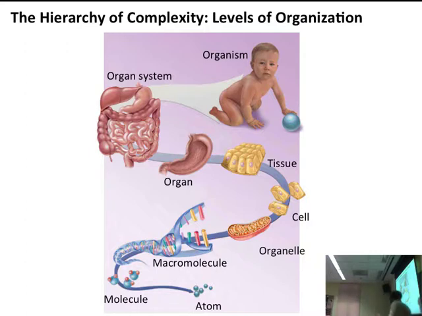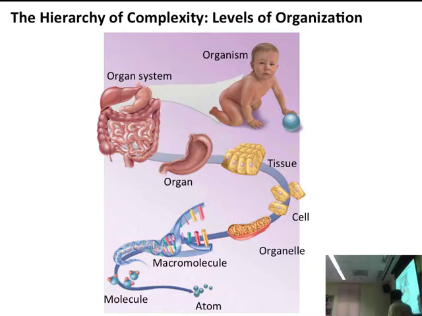So all of this is made of atoms. These form molecules. Molecules associate and form macromolecules like DNA, proteins, lipids, polysaccharides. These macromolecules form in varied combinations to form organelles.